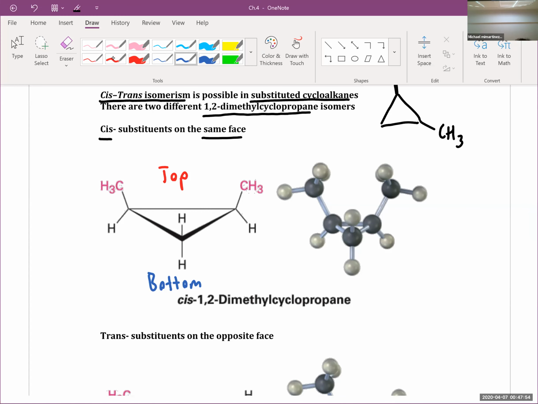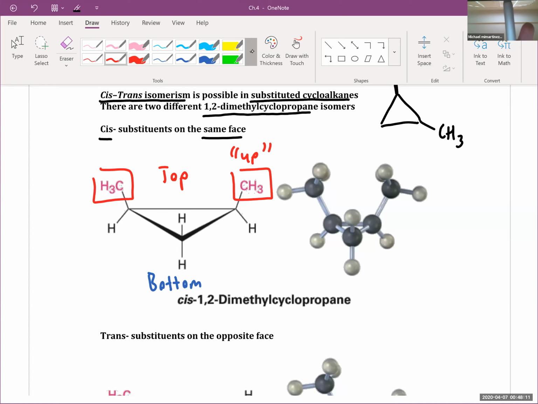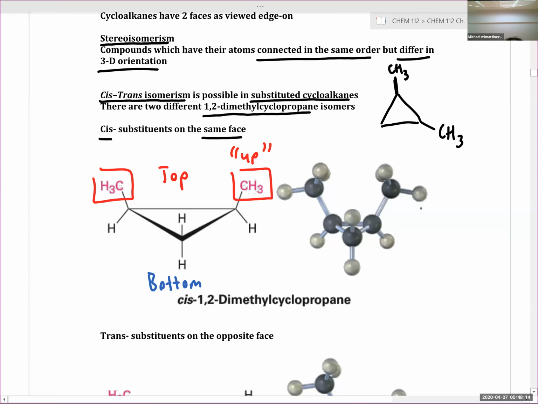As we can clearly see, our methyl groups are pointing up towards the top face, and both of these methyl groups are on the same top face of our molecule. So if we look at this model to the right, both of our methyl groups are pointing up.